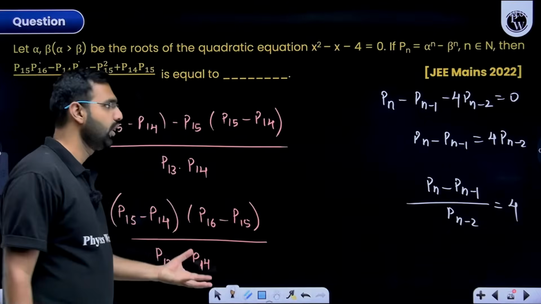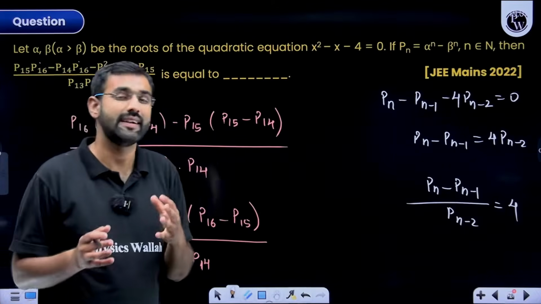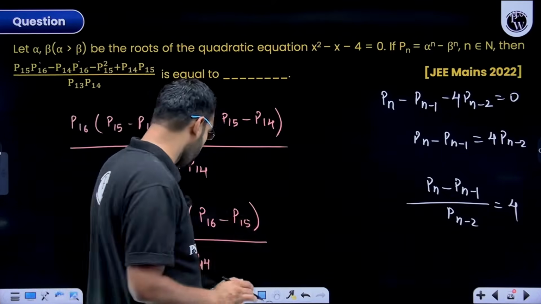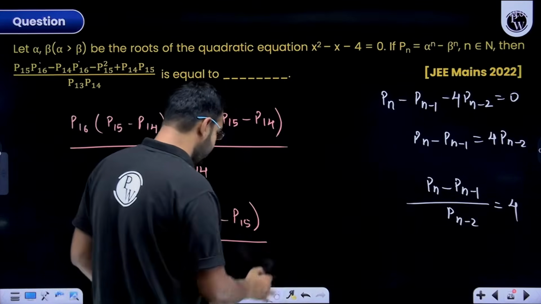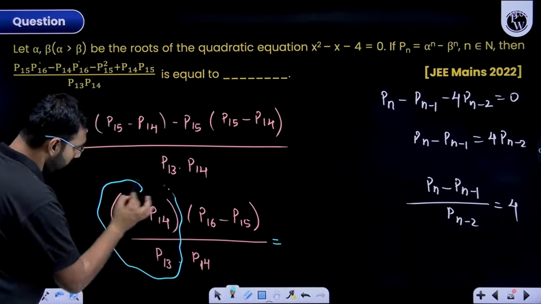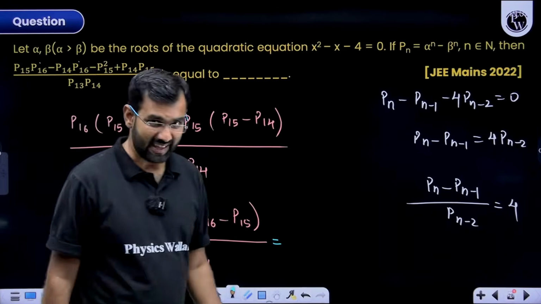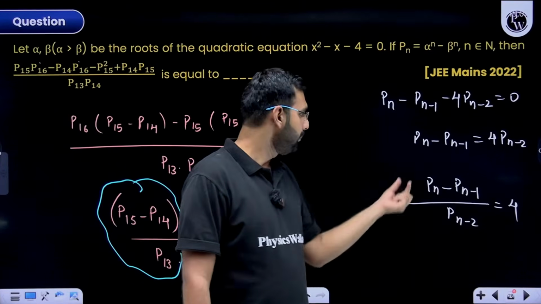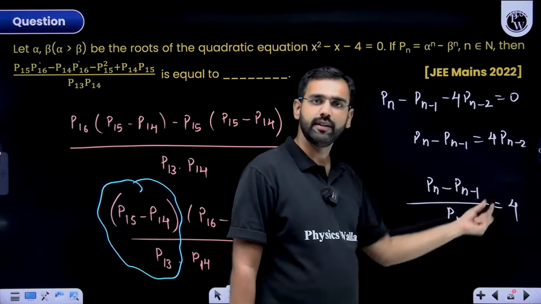This is a question which you could have done in 10 seconds, in 3 steps, if you simply know the right logic. Pay attention to this part, P15 minus P14 by P13. If I replace n by 15, it is P15 minus P14 by P13, that's nothing but 4.